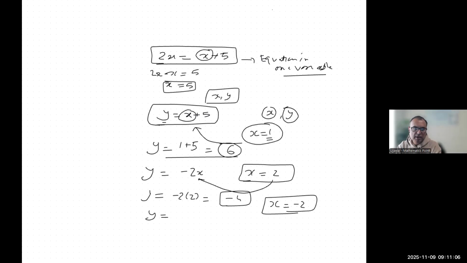Ishita, it's not y, it is 4, so I think you must have written it by mistake. What we've done is swapped x with negative 2, and negative 2 times negative 2 is a positive 4. So the answer is 4.